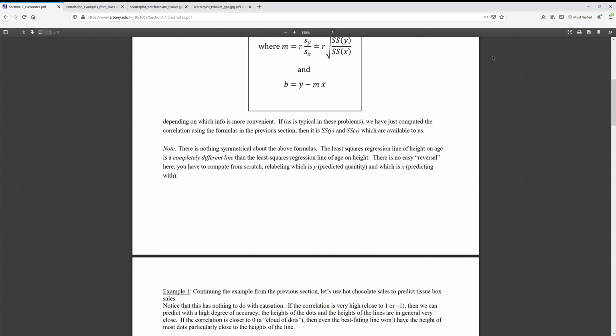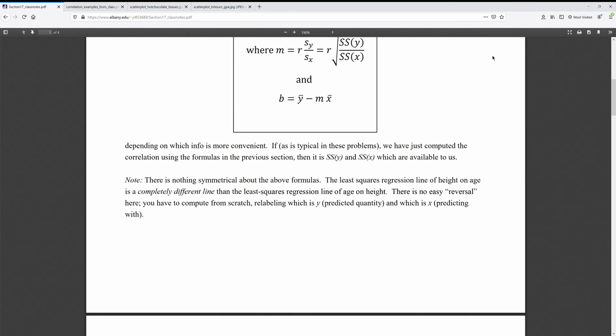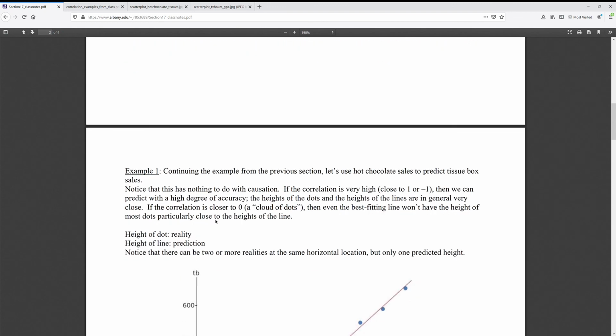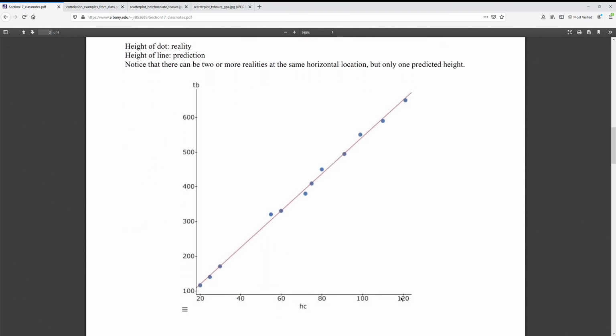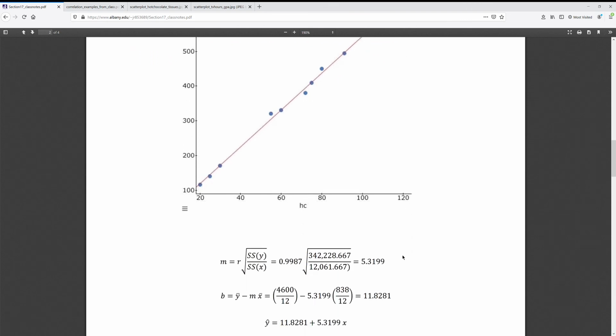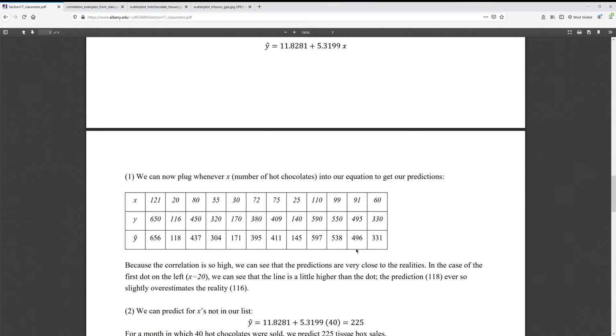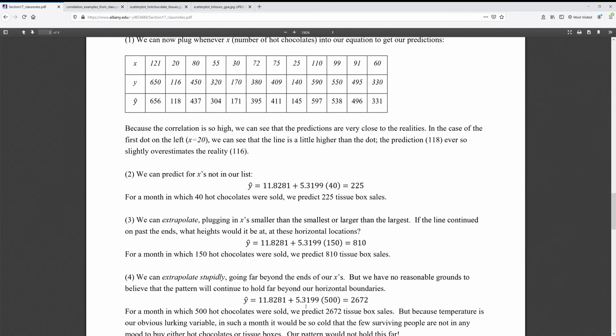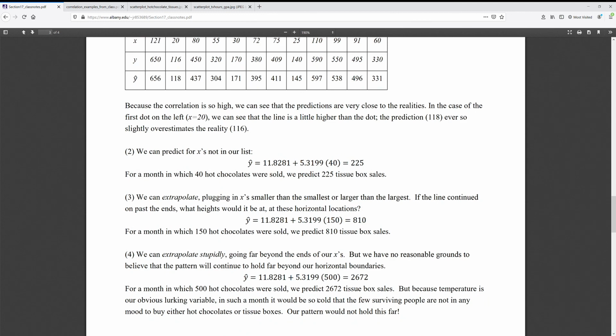That would be an example of stupid extrapolation, because what assurances do we have that the trend will continue to hold that far? Will the trend continue to hold to 150? Maybe it's not such a reach, but it's literally quite a reach for the trend to continue all the way over to 500, of course. Nevertheless, you can predict, it's just a question of how stupid it is. So we predict that if you sold 500 hot chocolates, you would sell 2672 tissue boxes.